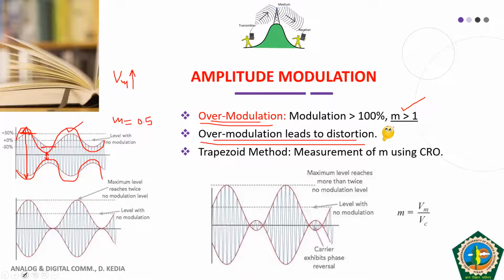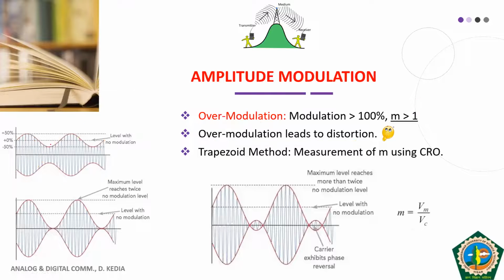Let me redraw it. See this portion. If you increase the value of Vm, these will come closer to the zero line. When Vm equals Vc, both these bottom peaks will merge with each other like this.